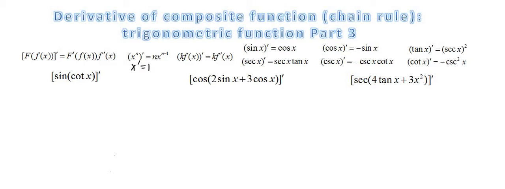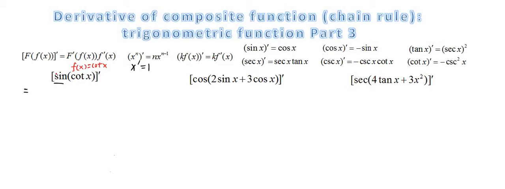Now let's take a look at the first example. We have sine of cotangent x, so we can easily tell what capital F is, that is sine, and what f(x) is, that is cotangent x. So we're going to follow this formula.